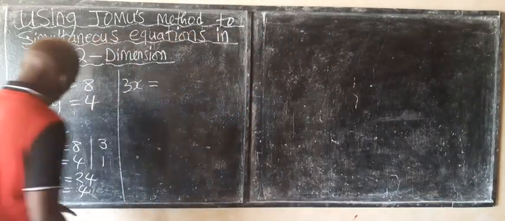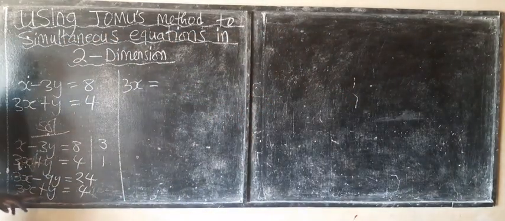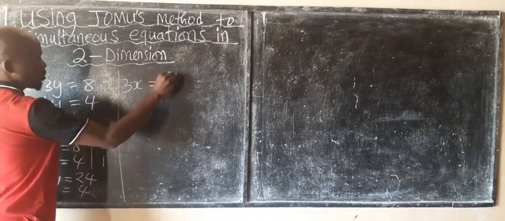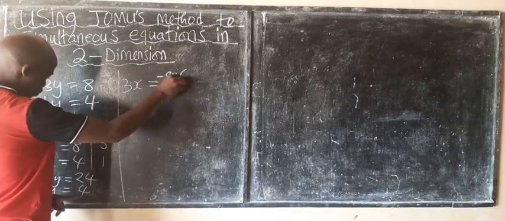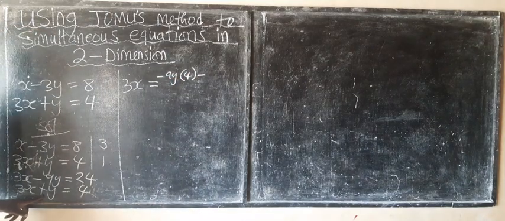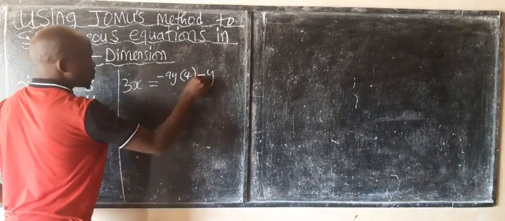So that becomes 3x equals negative 9y multiplied with positive 4, minus positive y with 24.